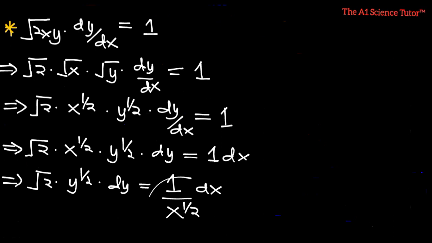So this expression could be rewritten this way: root 2 multiplied by y raised to the power of 1 over 2 multiplied by dy. And I could rewrite 1 over x to the half as x raised to the power of negative 1 over 2, and this will be dx.